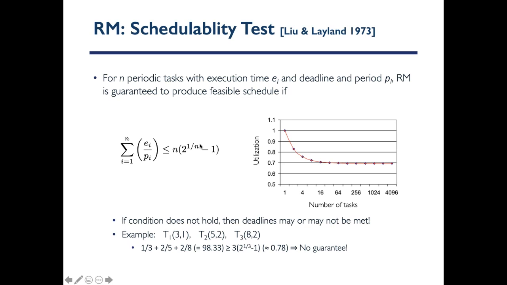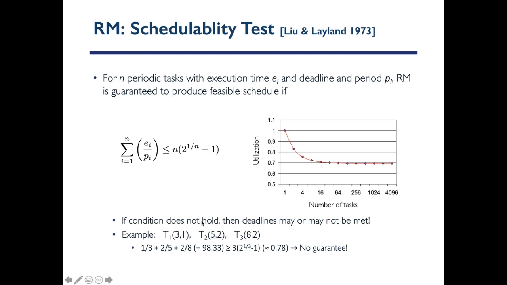If the cumulative utilization is more than this bound, then we have no guarantees. This doesn't mean that RM will fail. It could still produce a feasible solution, but it could also fail.